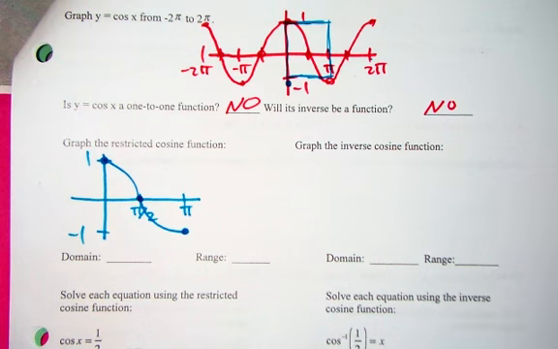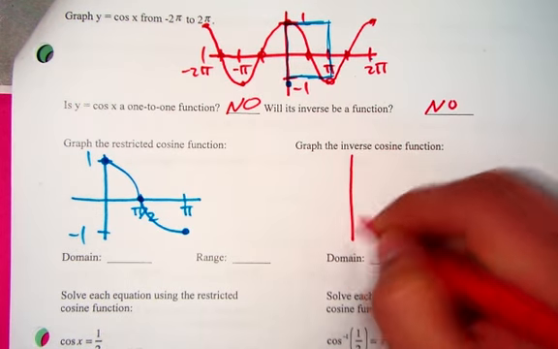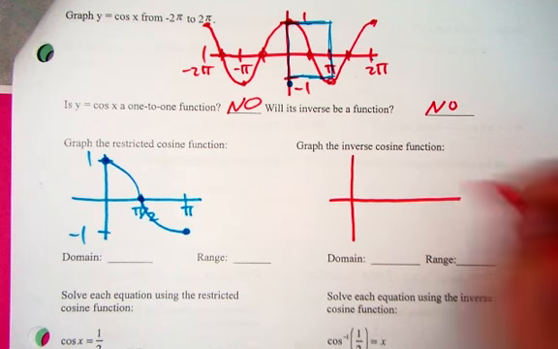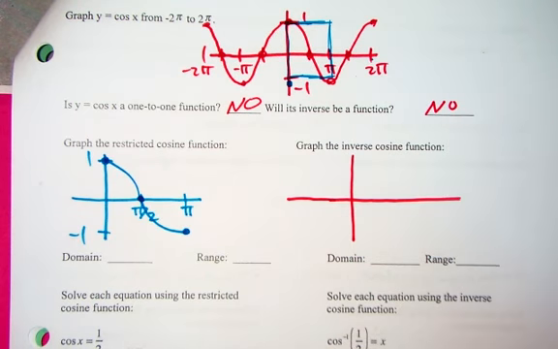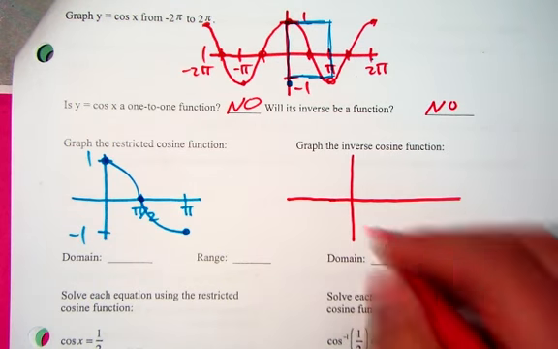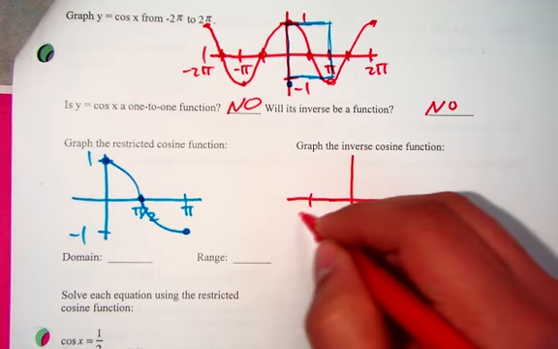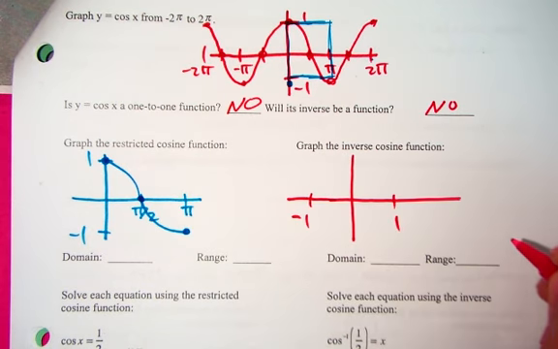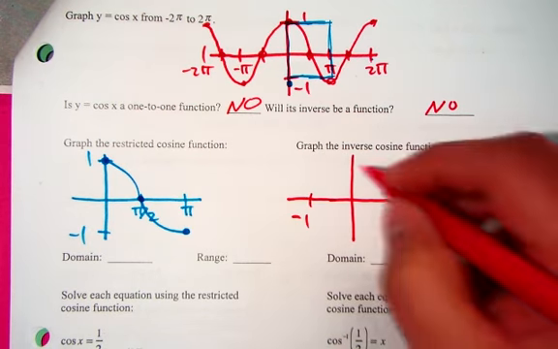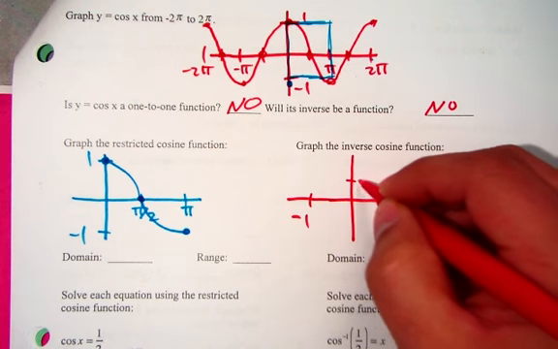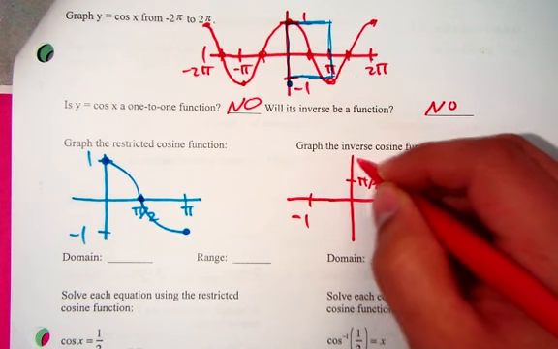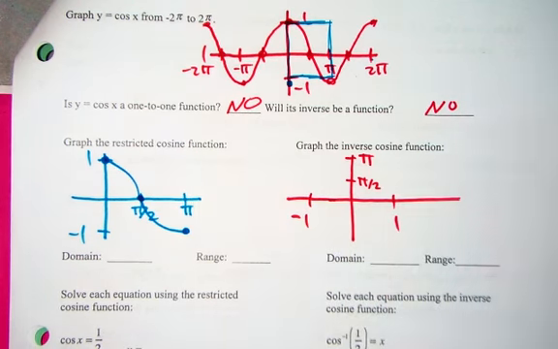So for the inverse, we flip all the points. So instead of y going from negative 1 to 1, now x will go from negative 1 to 1. And then y will go 0, pi over 2, pi. Okay, so this one's going to be a little bit more tricky.